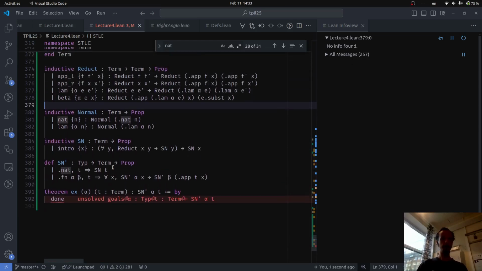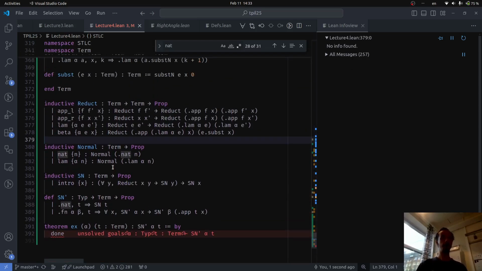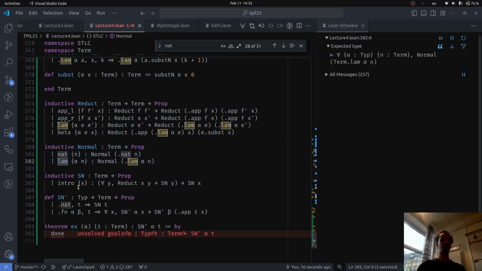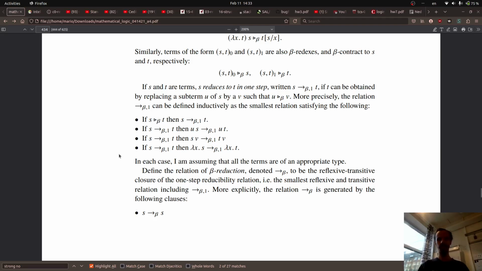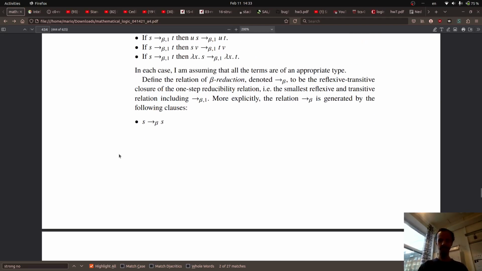But if we have a reduction under a lambda, then lambda shouldn't be in normal form, right? That's right. I suspect that once I fix this definition of normal by checking the book, it will tell me to do the neutral terms, essentially. So let's find out how that gets defined.